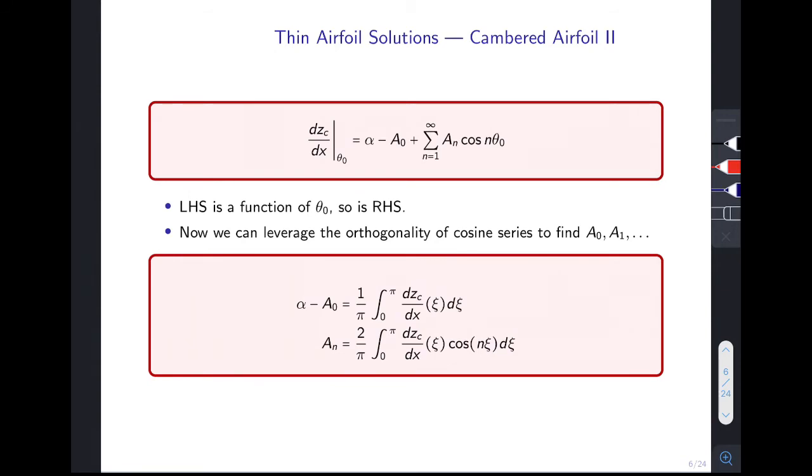I have written down the orthogonality of cosine series in the handwritten notes on LMS, so please check them out. At the end of the day, alpha minus a naught is related to just the integration of the slope of the camber line itself.